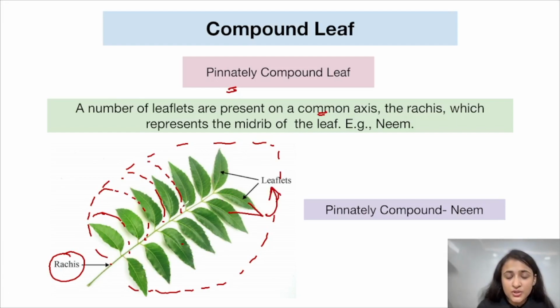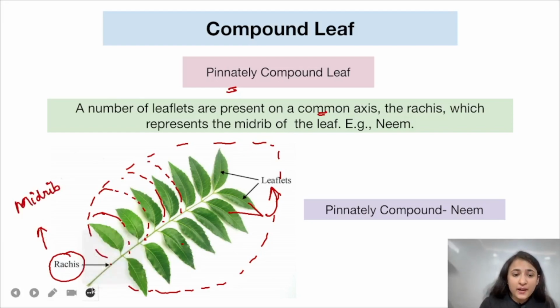The central portion running between these leaflets is the rachis, which represents the midrib of the leaf. And this part is the petiole, from the first leaflet to the base of the leaf. Above the petiole, this part is the rachis.